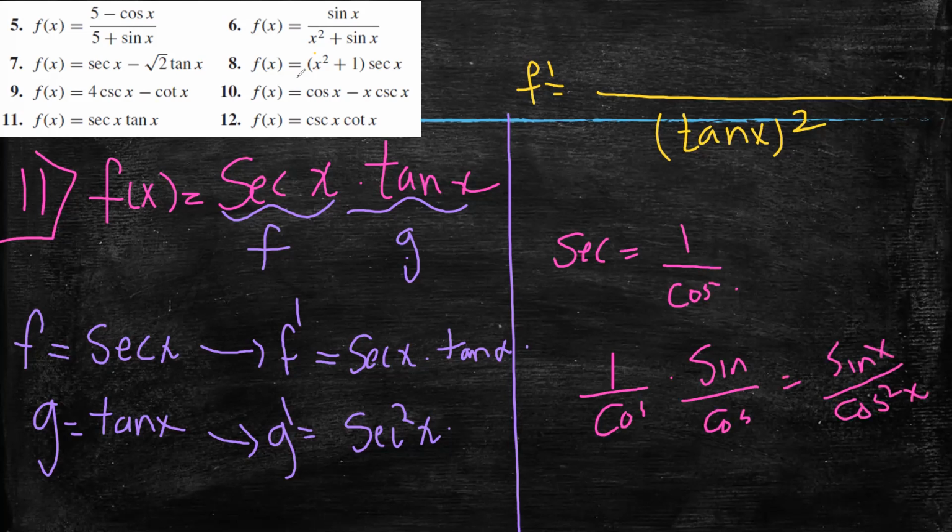Then also, teacher, I mean the f of x is secant multiplied by tan. So we shouldn't use the formula of division. You mean that if you want to find the product first, then find the derivative. Is it right?